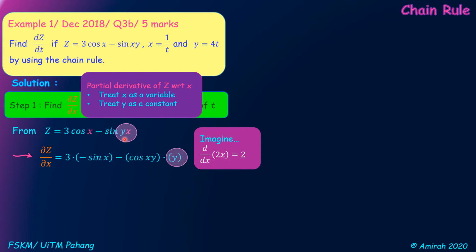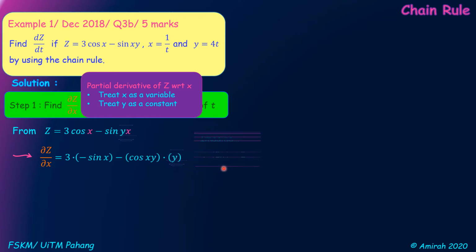That's why when we differentiate yx, because y is a constant, we get y here. Okay, we compare with this, and after that, we can simplify. So we get negative 3 sin x and then minus y cos xy.